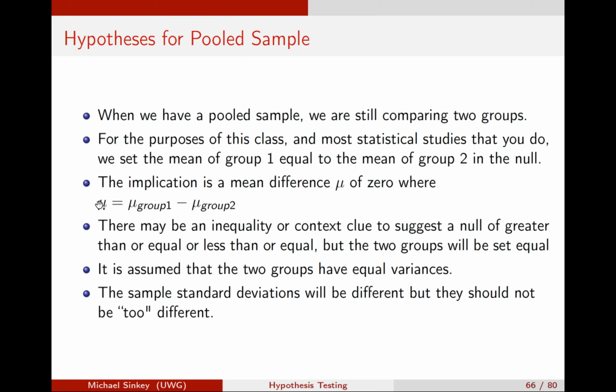Mu, this parameter, when I take the mean of group 1 and subtract the mean of group 2, that's captured with this mu, and we're assuming in the null, we're testing that it's 0. Now, there could be an inequality, so the context clues still relate. If I have a less than hypothesis, then the null will be greater than or equal to, but we're always going to be looking at 0.